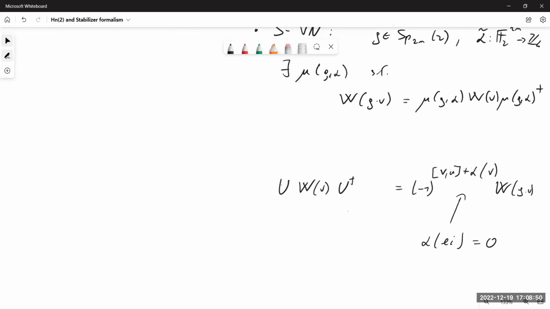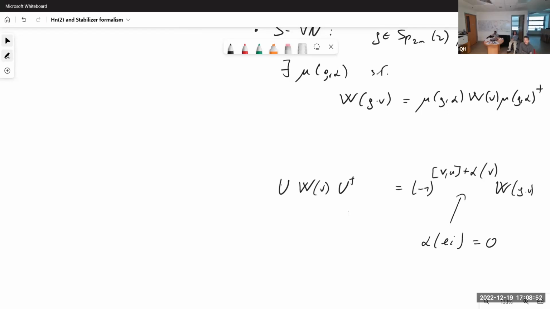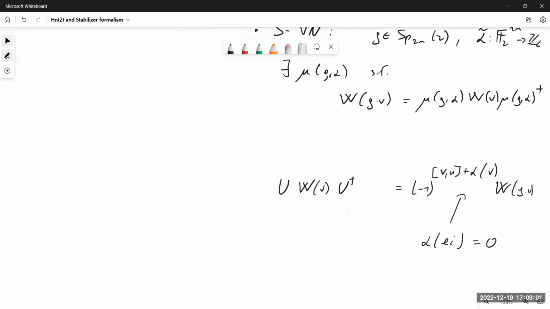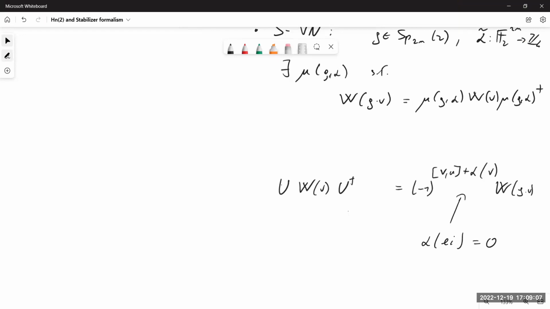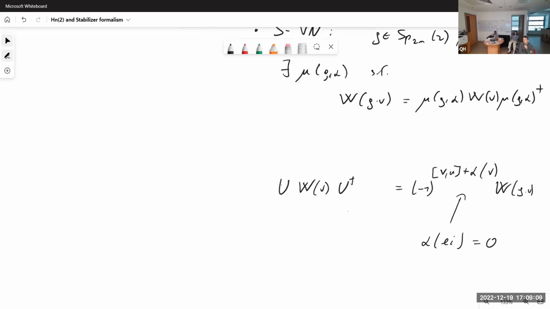The statement is for any Clifford it looks like this, but for a Clifford I need to first compute them. Actually you have to compute this function, and this is the most expensive. But then it's the same as G. I mean, G I also have to compute, so similar.